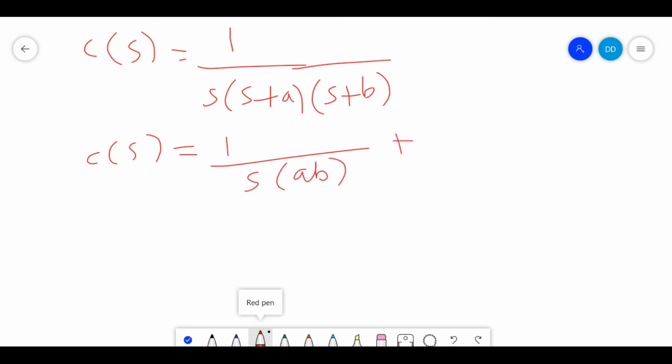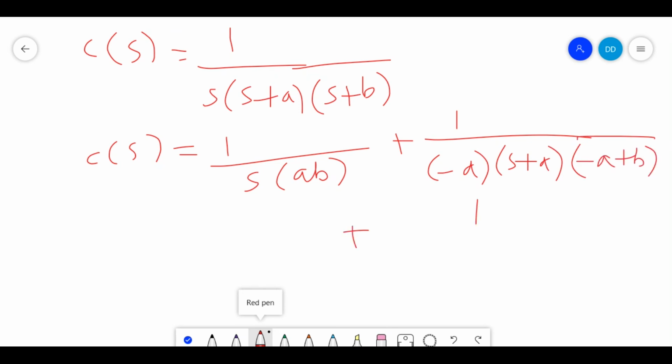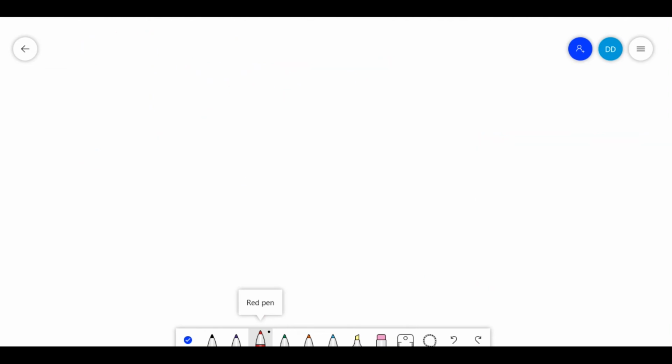On resolving it into partial fractions, we get 1 over S by A into B plus 1 divided by minus A into S plus A into minus A plus B plus 1 over minus B into S plus B into minus B plus A. This is what we get. So we have to substitute the value of A and B so that we get C of S, and then we take the inverse Laplace of it.